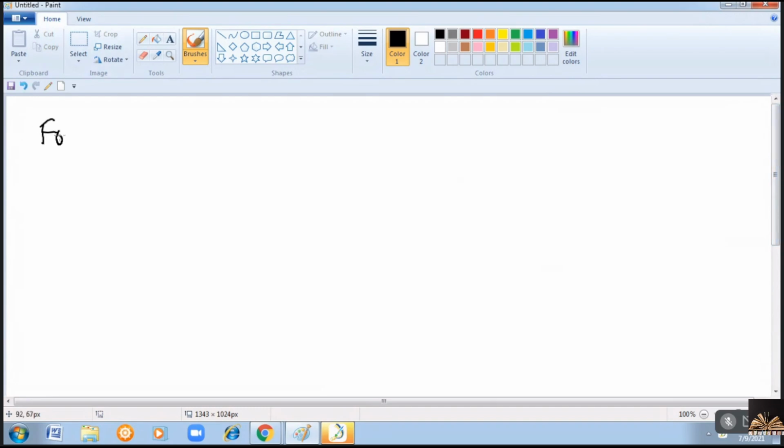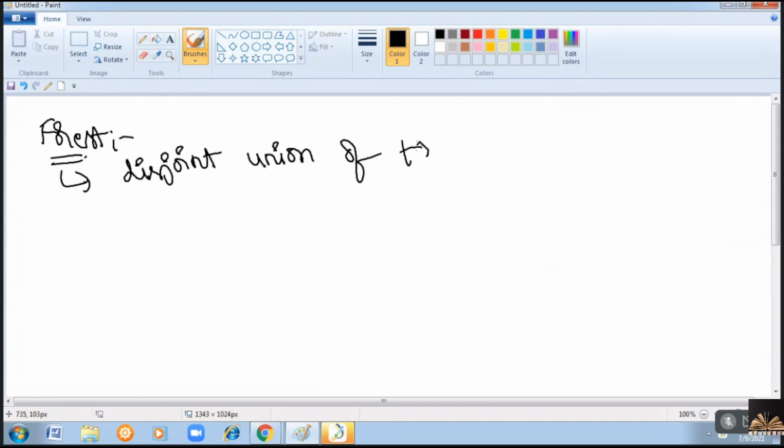You can use the same definition in graph theory also. A forest is the disjoint union of trees. Disjoint union of trees means what? A set of trees will be there, but the trees are not connected. Disjoint means disconnected.